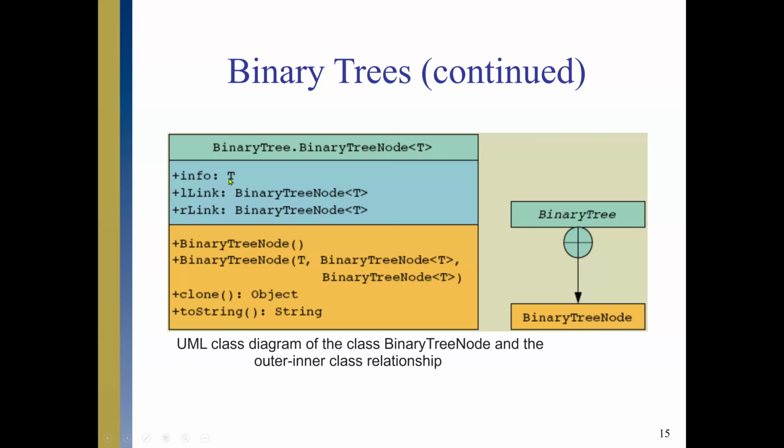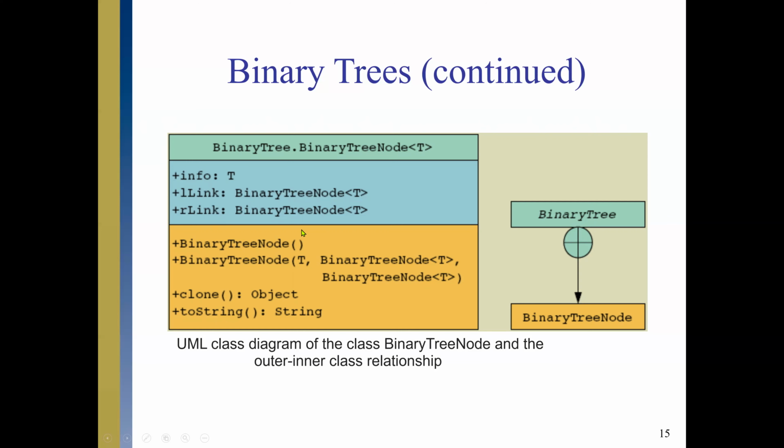The data type is T, again, that's the generics. Then we have the left link and also the right link. We can see it's the same as the linked list implementation. For the left link and right link, the data type will be the name of the class. This is the address pointing to the next node, the left and right subtrees. So the data type will be the class type, binary tree node.